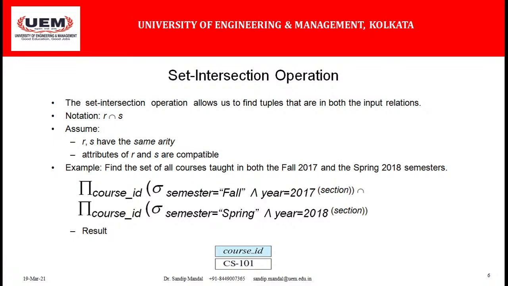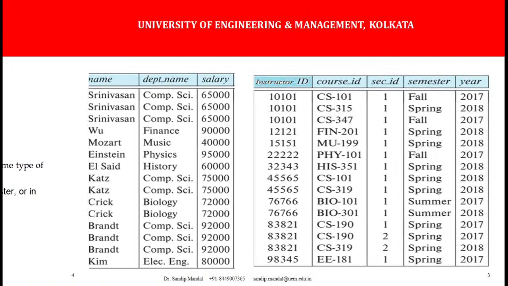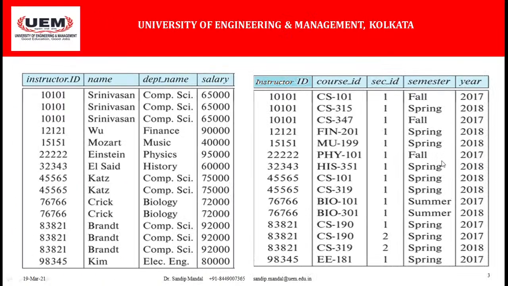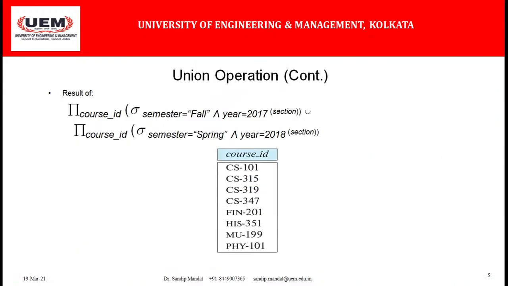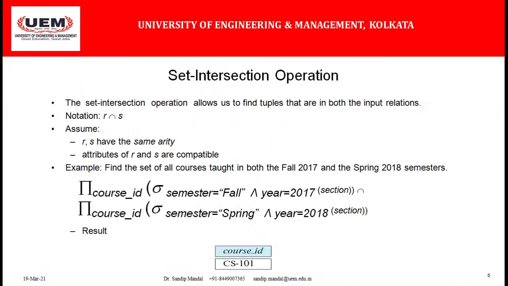So you are finding the courses that are available in both fall 2017 and spring 2018. If you check the right hand side table, only the CS 101 course is available in both the semesters. That is the set intersection.